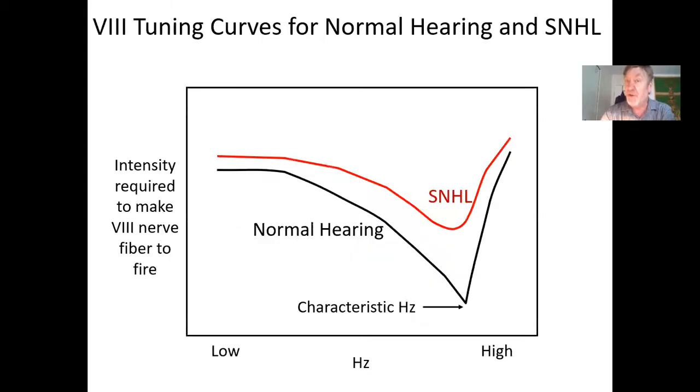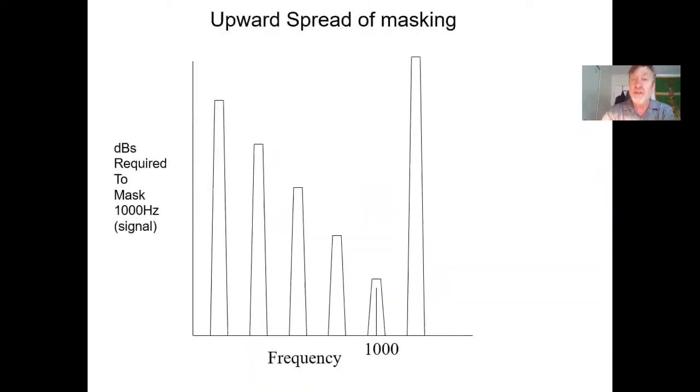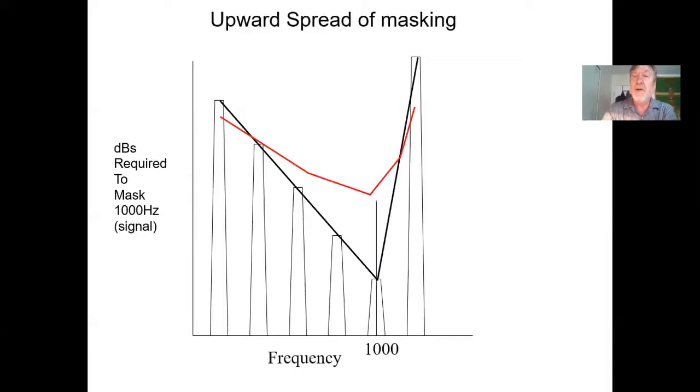Masking tuning curves, in other words, show you the decibels required to mask a signal. And you can see that lows mask highs better than highs mask lows. See, once again, asymmetrical.